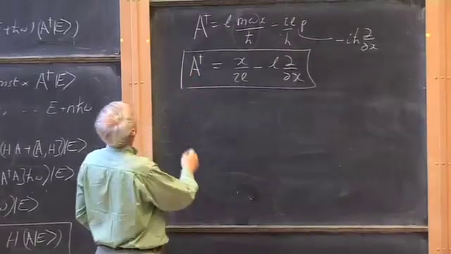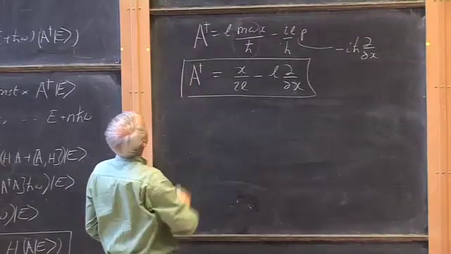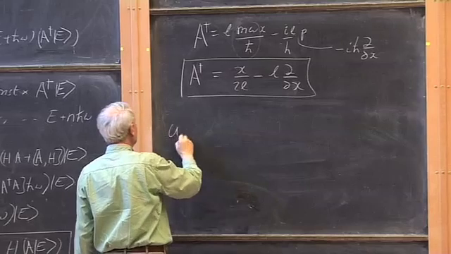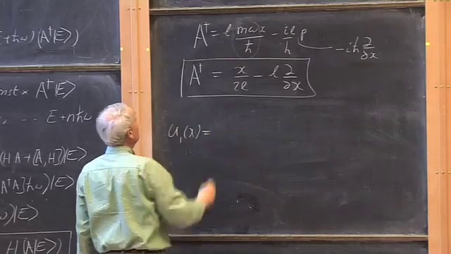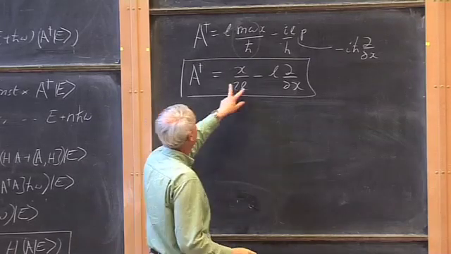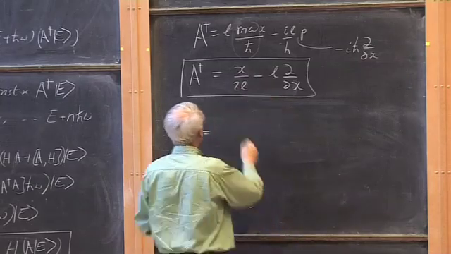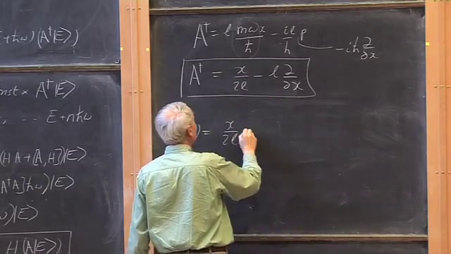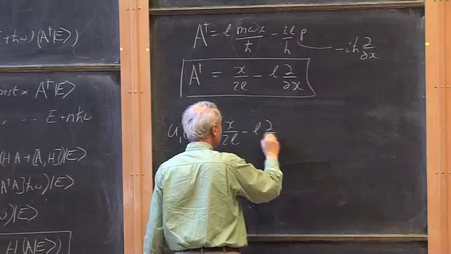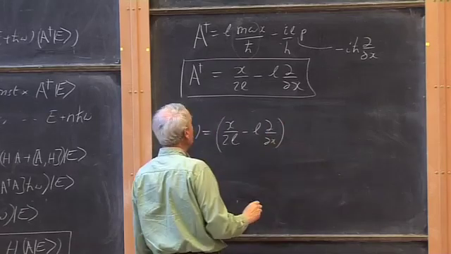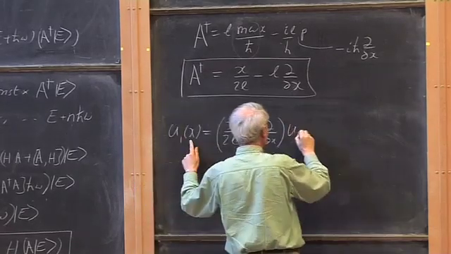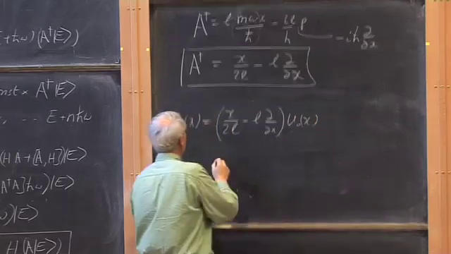Sorry, I shouldn't have written that complicated expression up there. It wasn't helpful. So u1 of x is equal to this operator working on u0 of x. But what is u0 of x?